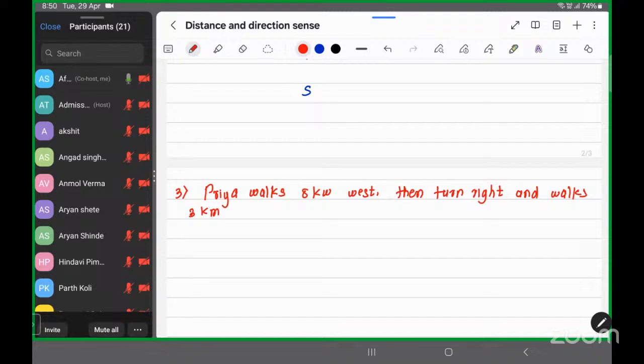She then turns right again and walks 12 kilometer.